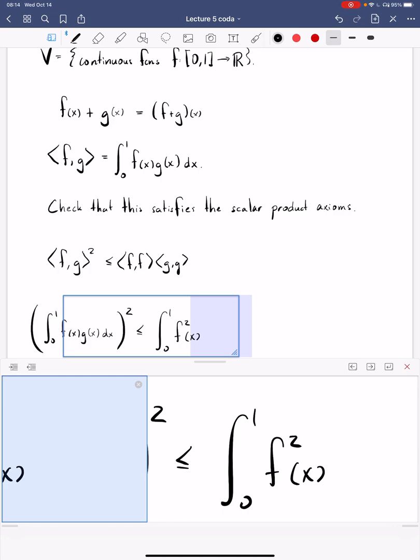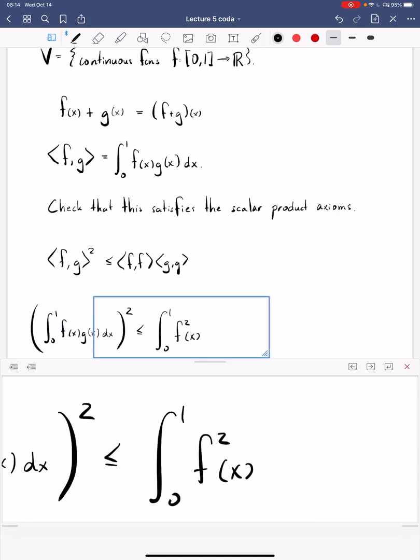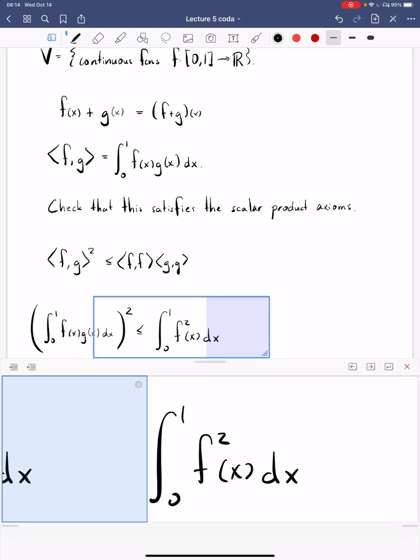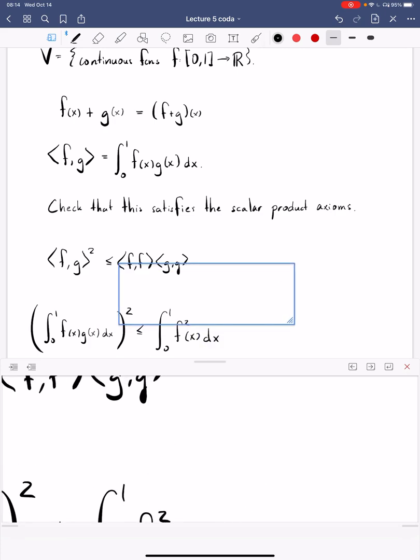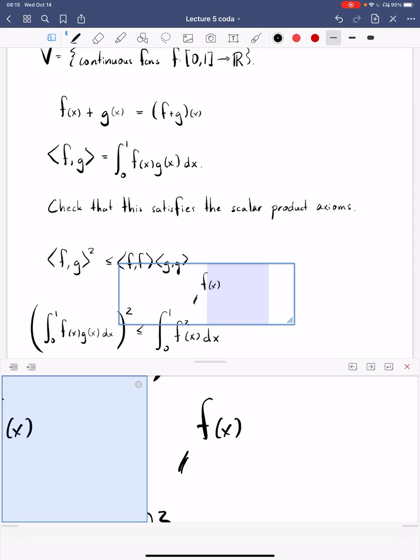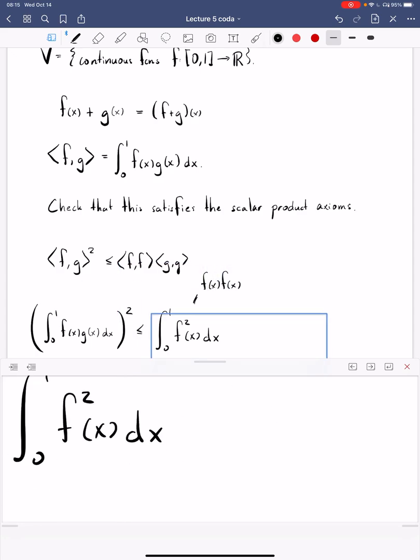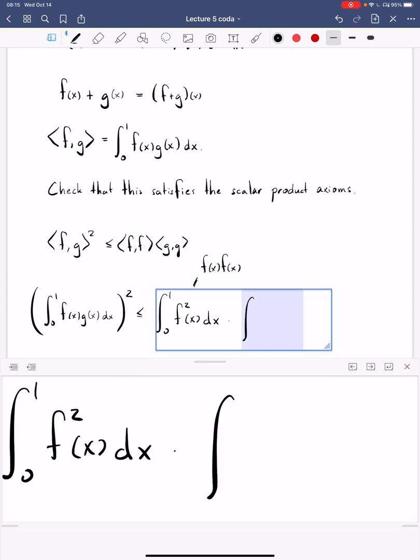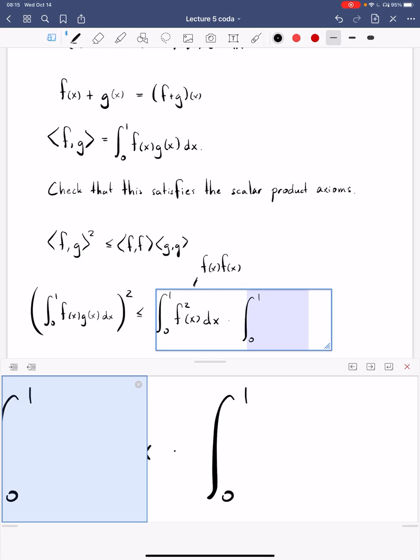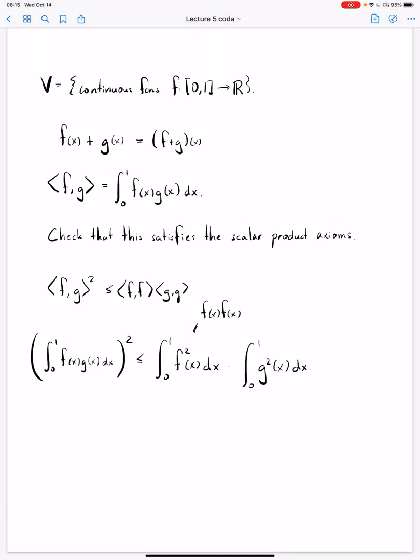Typically people write f squared of x, it just looks a little cleaner. I just don't want to confuse you, this is just f of x times f of x. This is times the integral of g squared of x dx, which is definitely a pretty non-obvious statement.